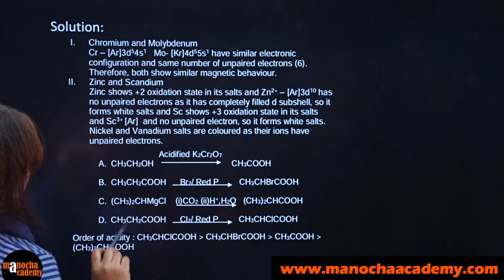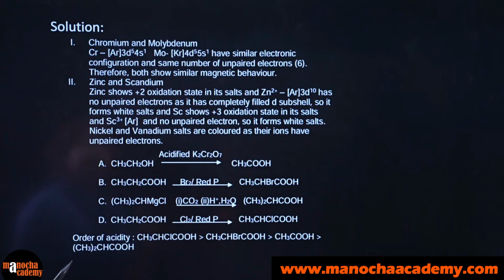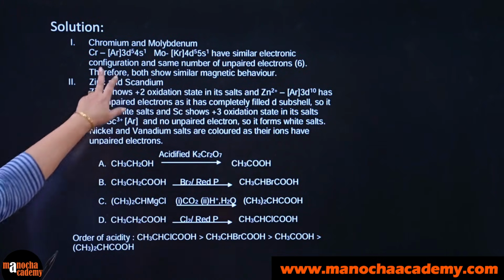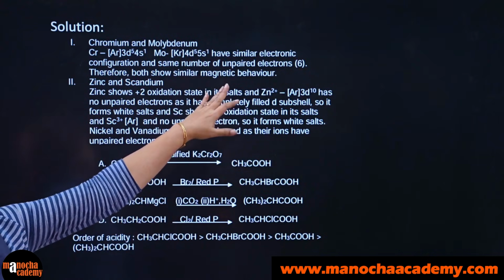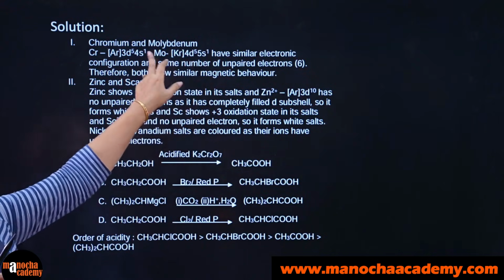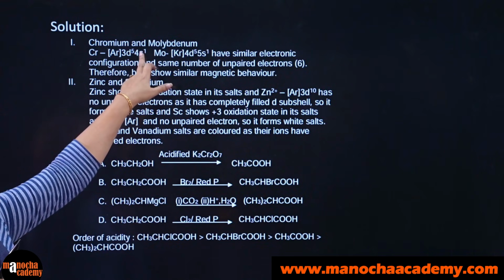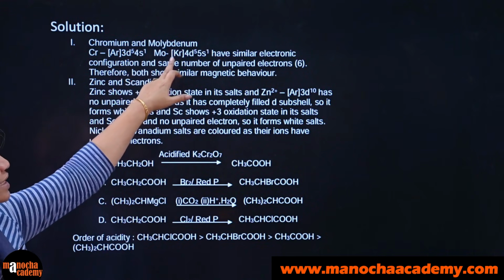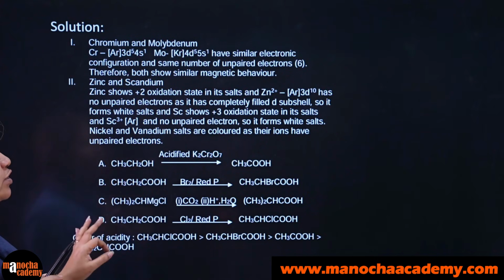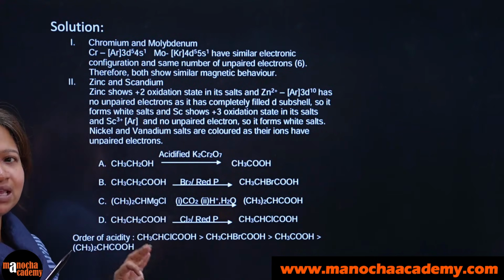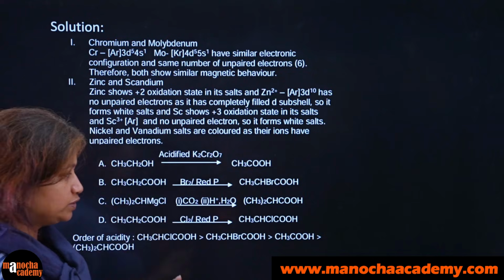For molybdenum also 5 plus 1, 6. Same number of unpaired electrons means they will have the same magnetic behavior. So that was this question.